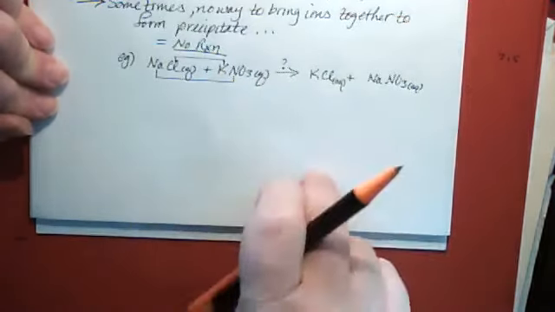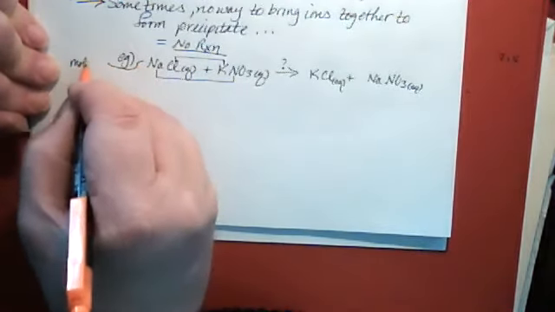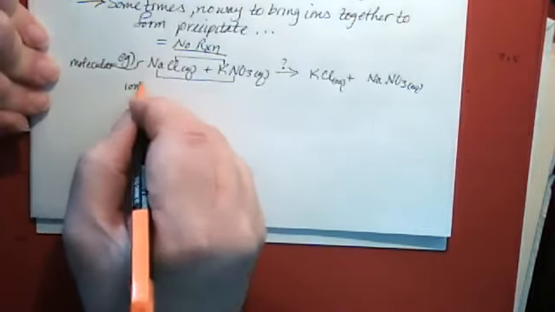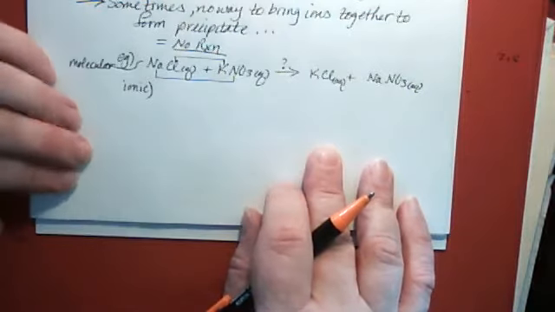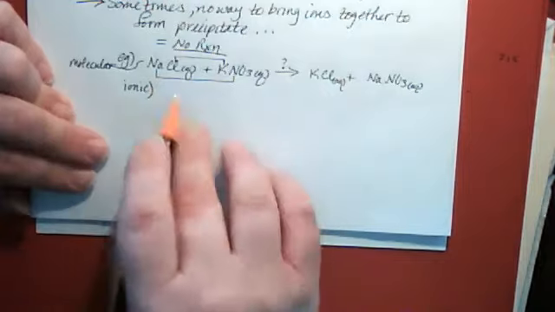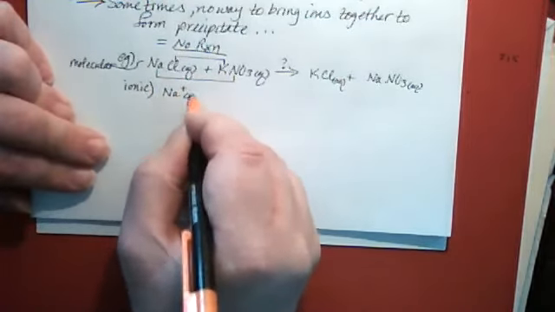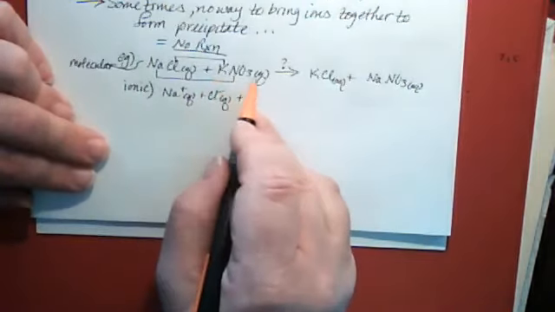You can always prove that, though, by writing the ionic and net ionic equations, because that will actually end up proving whether there's a reaction or no reaction. So for the ionic equation, sodium chloride is aqueous, which means it's actually present as Na+ and Cl- ions. And KNO3 is also aqueous.